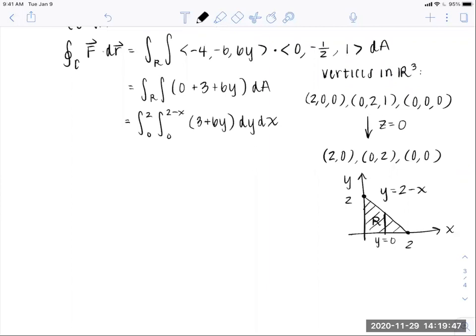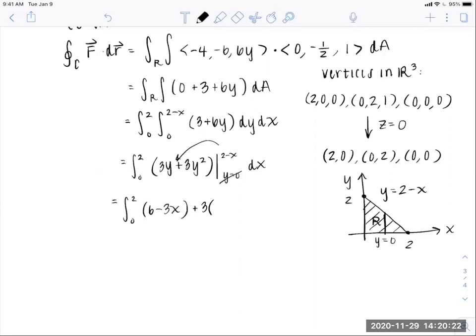All right, and so now it's off to the races. We can go ahead and integrate first with respect to y. That's going to give me 3y plus 3y squared, where y is running from 0 to 2 minus x. Of course, plugging in 0 is going to drop everything out. And so what I get here is, I'm going to go ahead and distribute the 3 for this first term. This is going to be 6 minus 3x.